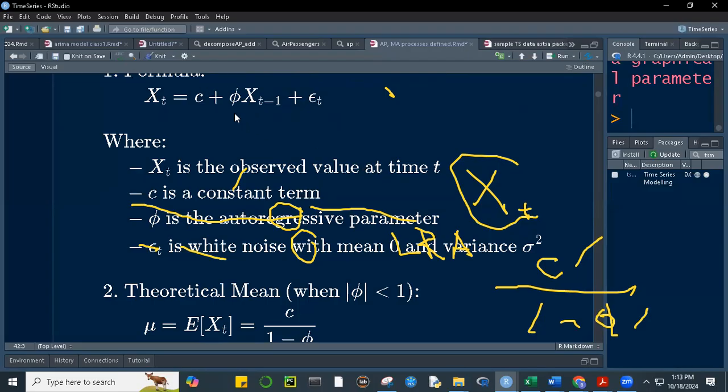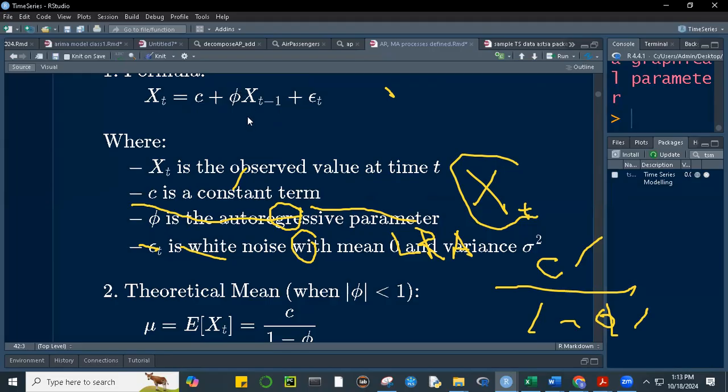Remember, this is similar to a linear regression, where this is your regressor, your independent variable, quote unquote, and it's used to explain your dependent variable X sub t. So please take note that in an AR1 process, the absolute value of phi should be less than 1. So if this is 0, class, then it ceases to be an AR1 process because there's nothing there anymore, right?